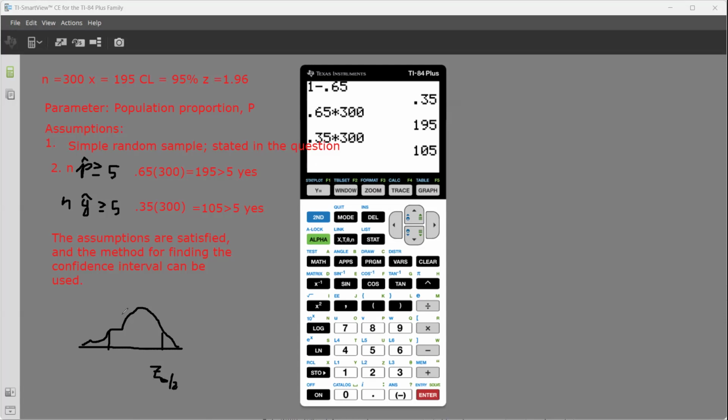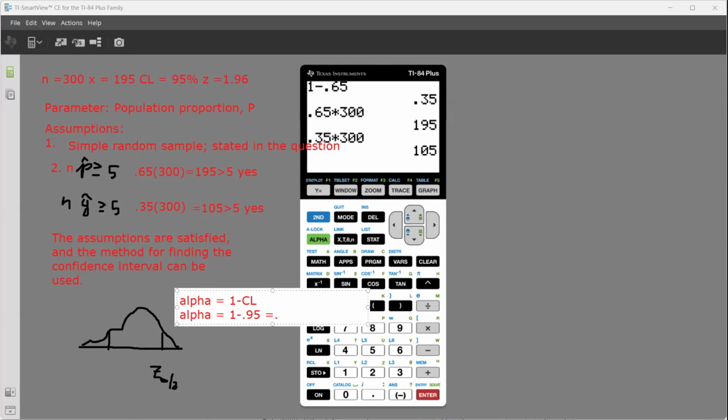So if we say that we have, I'm going to write that, alpha is 1 minus the confidence level. So alpha is equal to 1 minus 0.95, which is 0.05.